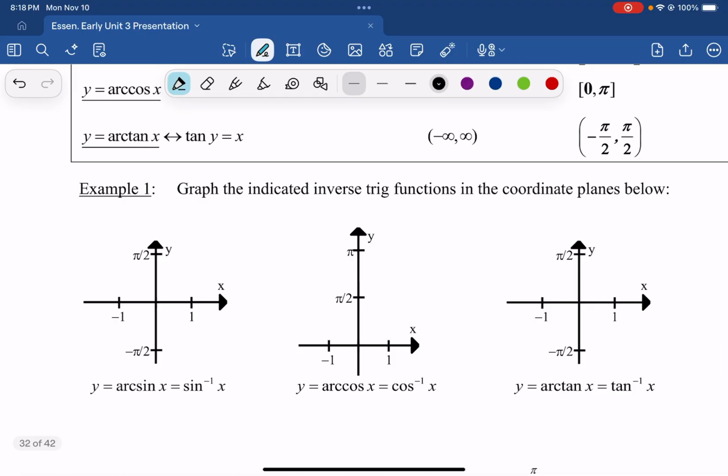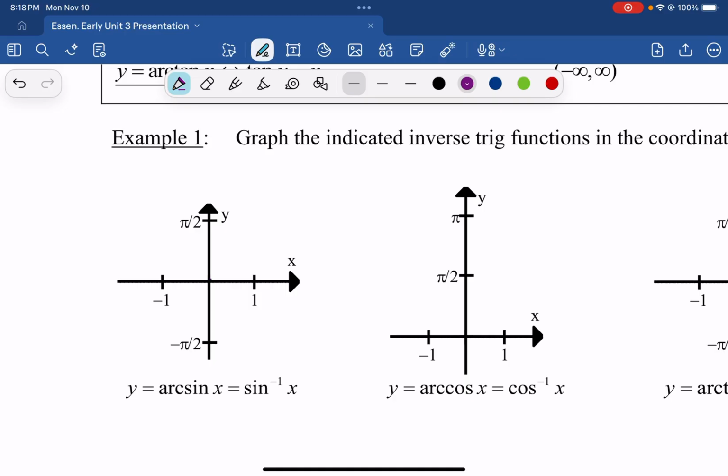So our first example, we're going to graph these functions. Arc sine of x, or sine inverse x. I'm going to have 0, 0. Normally sine at π/2 is 1, so arc sine of 1 is going to be π/2, and arc sine of -1 is -π/2. That gives us this function.